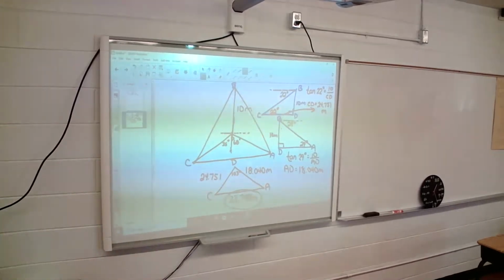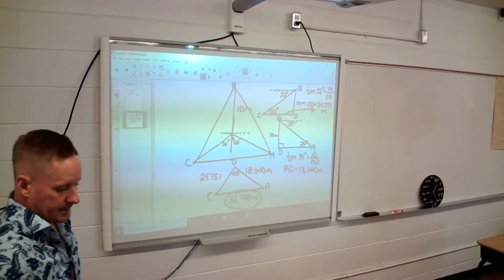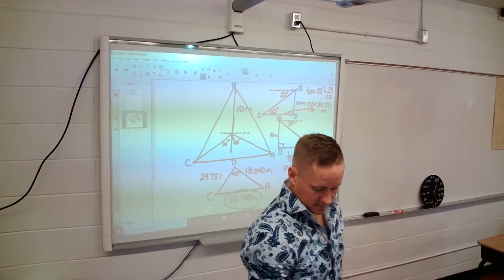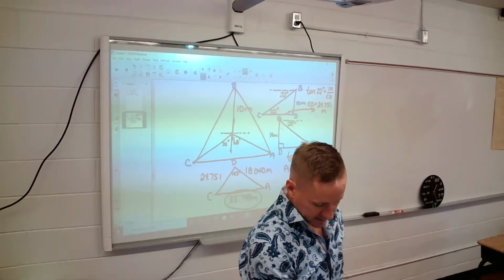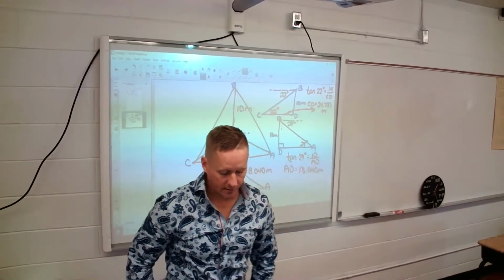That is an atypical question that you're going to see. Breaking up into 3 separate triangles, having to use the 2 smaller triangles to solve for the bigger triangle in order to complete the question. This is where you're going with these questions. 4.4 is going to take some work for a majority of you.